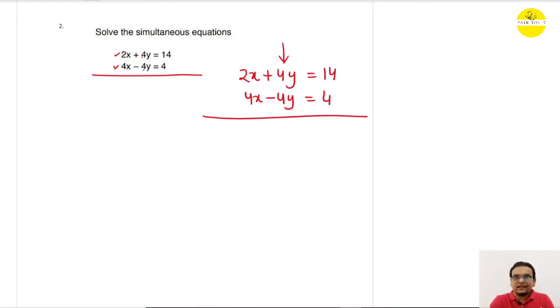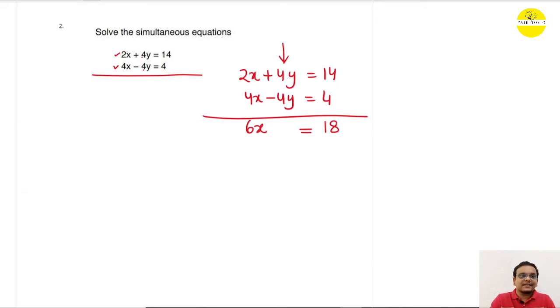Already in the question we have different signs, so I can cancel this out. Cancel this out means I have to add these two equations. Now 2x plus 4x is 6x. Plus 4y minus 4y becomes 0, right? That is equal to 14 plus 4, which is 18. I hope you understood, everybody. No need to subtract at all because we have the same coefficient with different sign. Simply we have to add it.